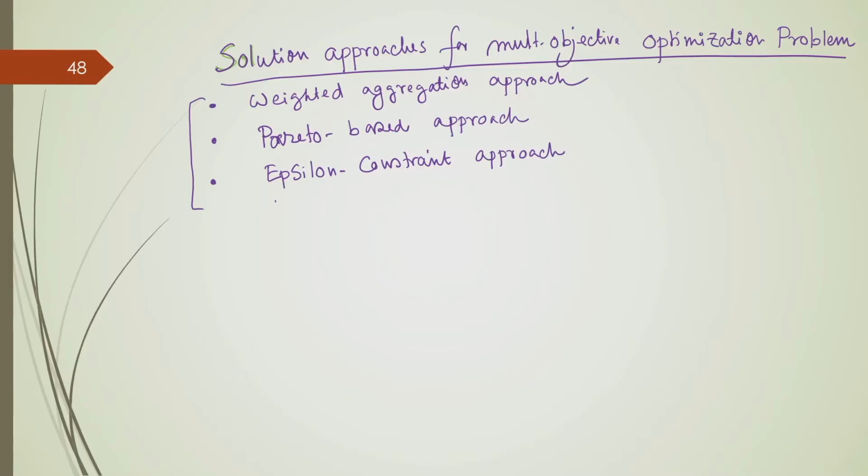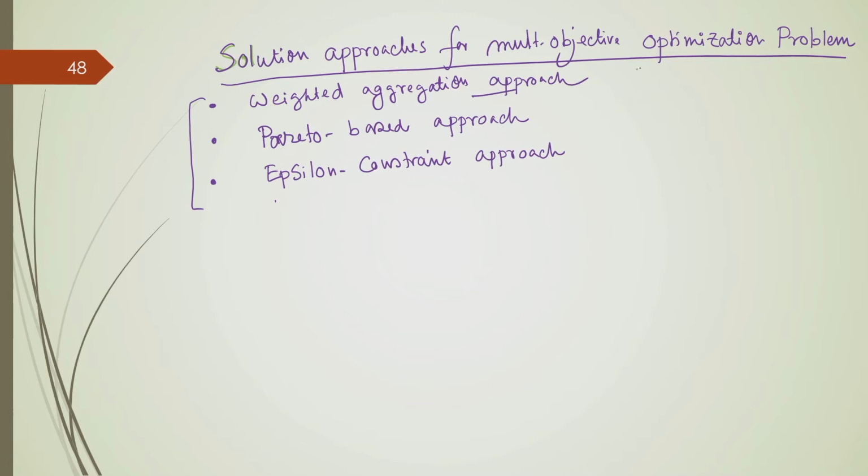Okay. Now, what do you mean by this weighted aggregation approach? In this approach, although we cannot aggregate these multiple objectives which conflict with each other, in the weighted aggregation approach it is similar to a single objective optimization approach, where multiple objectives are weighted and aggregated.